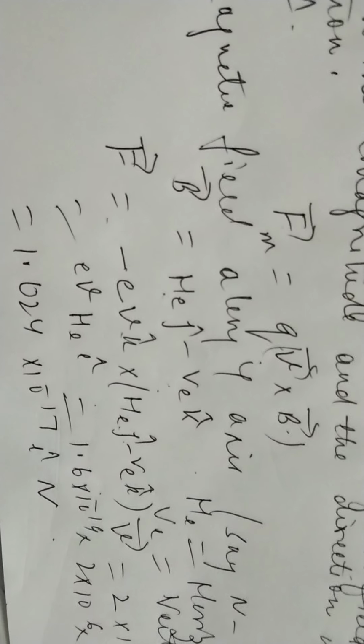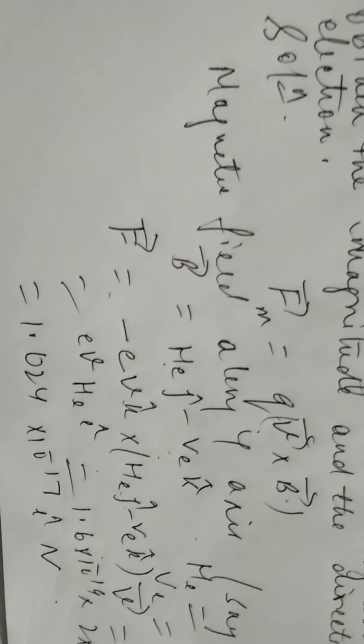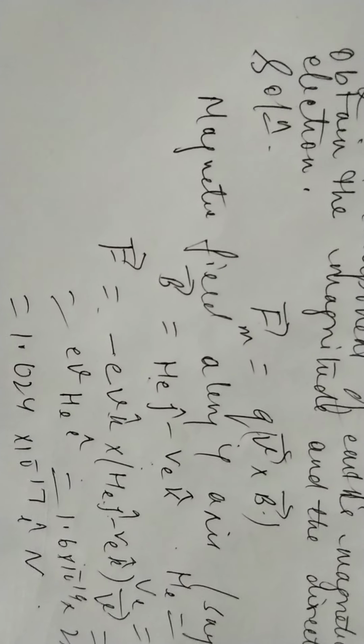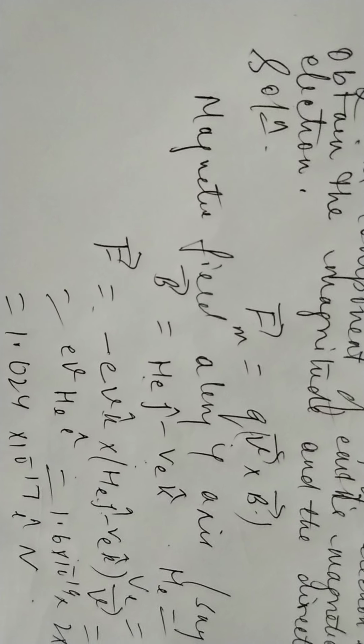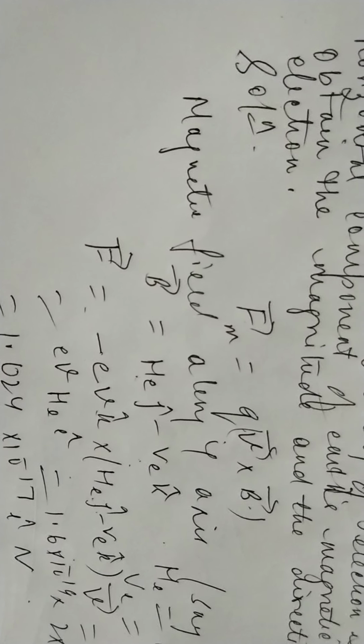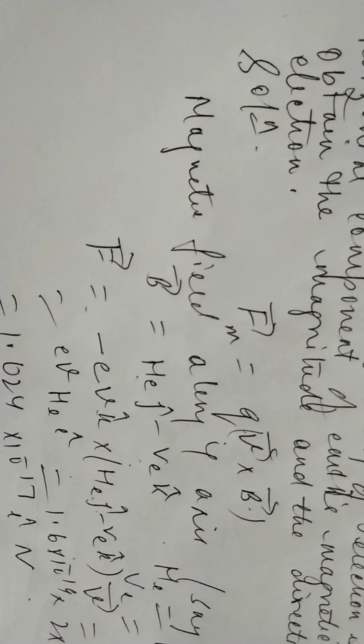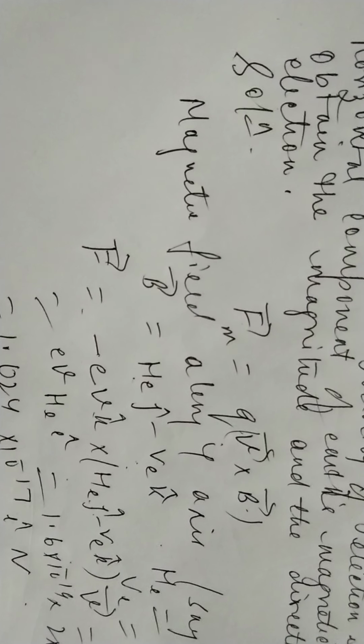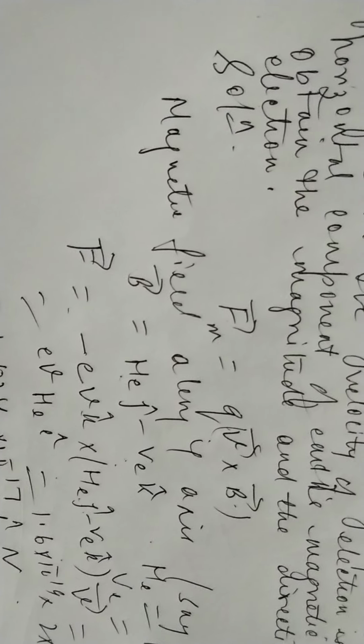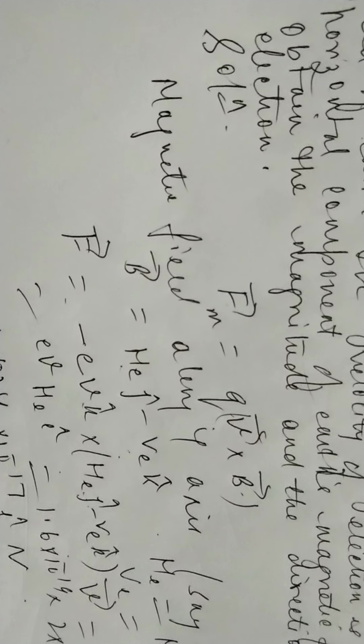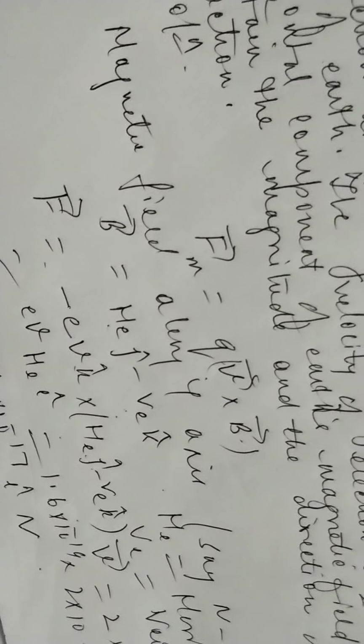Simply substituting all these values, we are getting 1.024 into 10 to the power minus 17 i caret, and this i caret shows that it is along the negative x-axis. The magnitude of the force is 1.024 into 10 to the power minus 17 Newton, and it is directed along the negative direction of the x-axis.